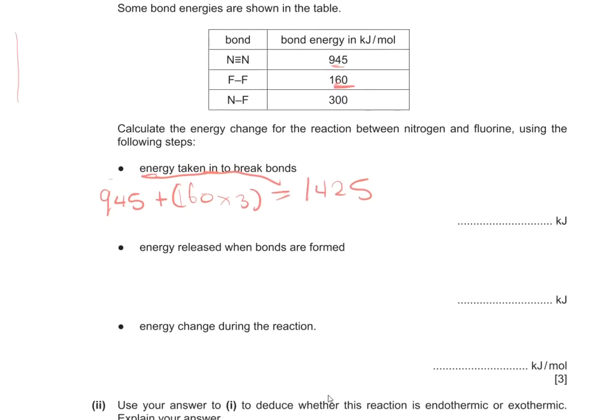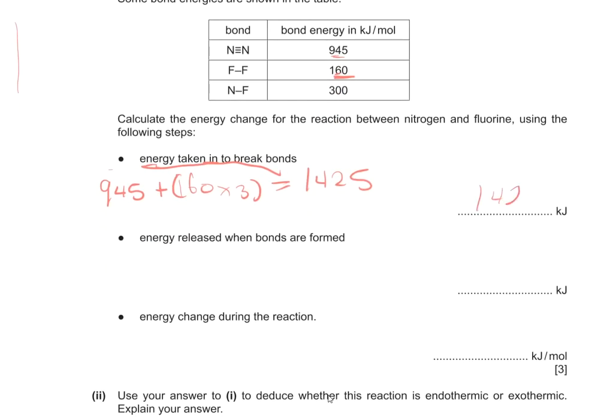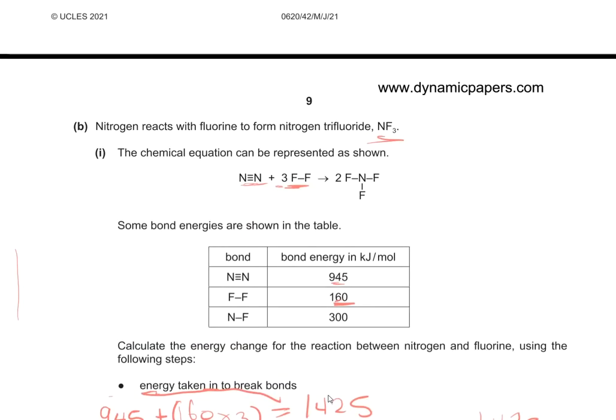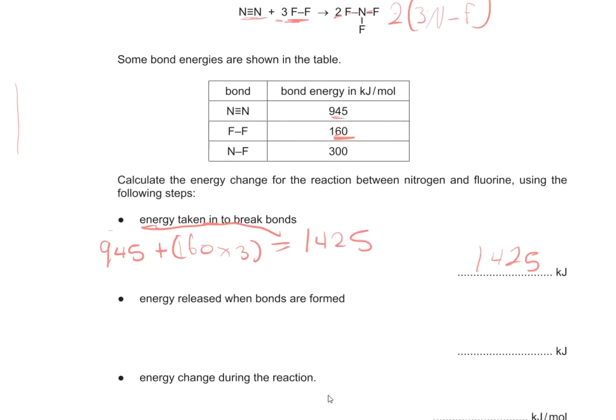That gives us 1425. Now looking at the energy released when bonds are formed, this is an N-F bond, this is an N-F bond, so we have 3 N-F bonds, and this number is multiplied by 2, so we have 6 of the N-F bonds.